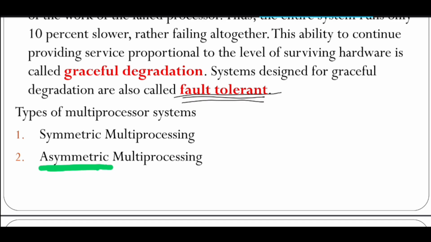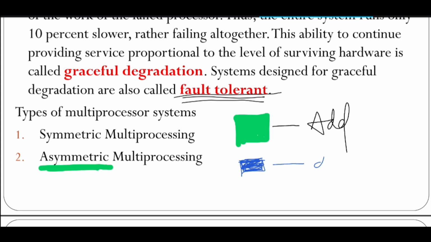Suppose this is a CPU. It will only execute addition. And there is another CPU, another microprocessor, which will only execute division.